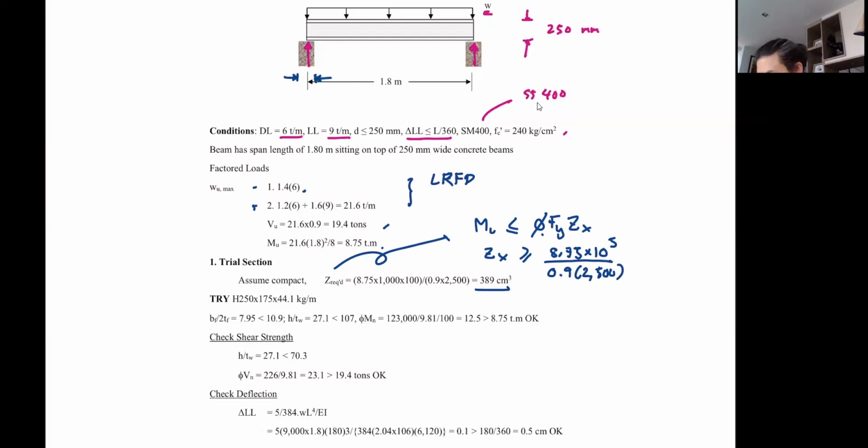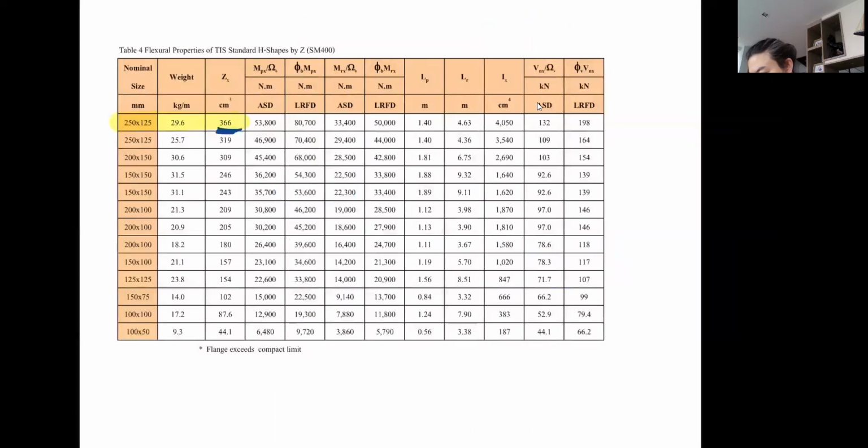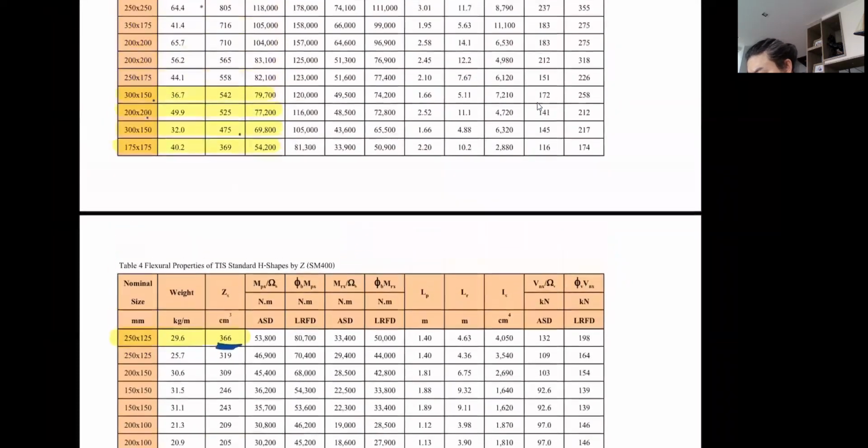We go to the table, and this is what I plucked out of the table: H250 by 175 by 44.1. It may not present the best option, but remember that we are limited by the depth. You can go back and look at your steel table by plastic section modulus. We want 389 here.